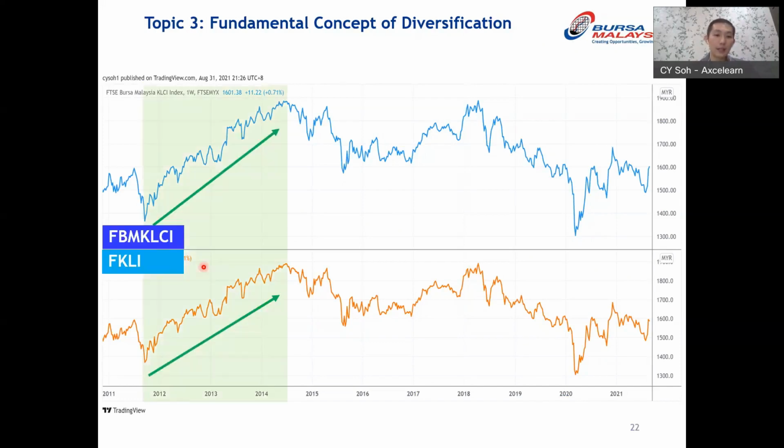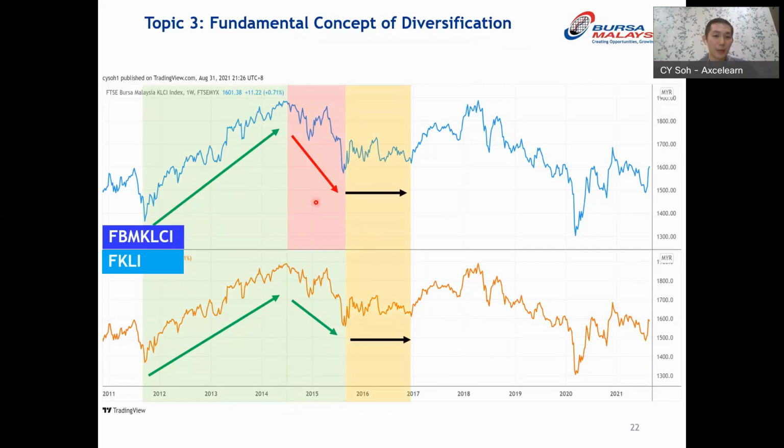On this time frame, when the stock market goes up, the futures market follows as well. When the stock market comes down, your FKLI comes down as well. Of course, FKLI you can short easily. But if you still want to hold your stock, of course you might lose some from the stock market, correct? Now, let's move on to the next time frame.